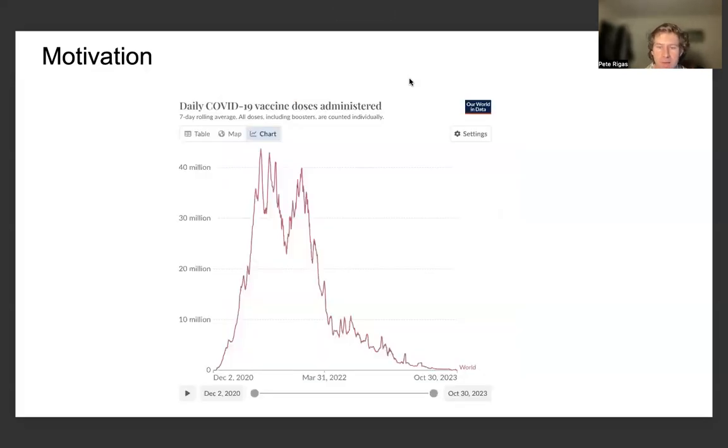And now that we're in 2023, it doesn't seem as likely that as many vaccine doses will be administered from the peak that was around 2020 and a little after, around the middle of 2022.